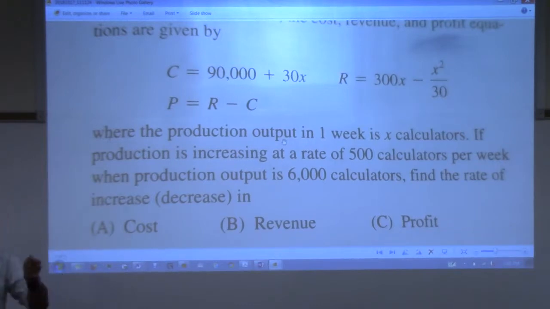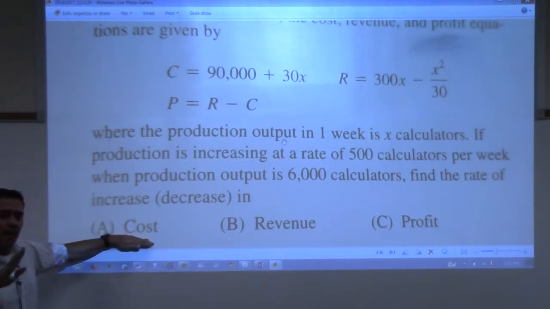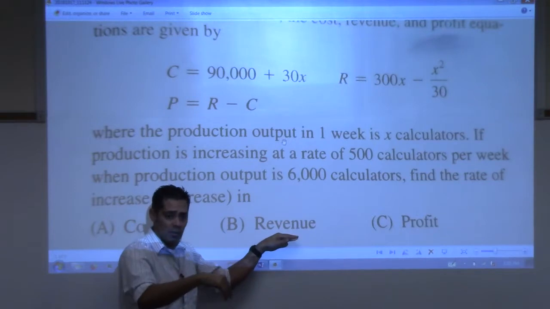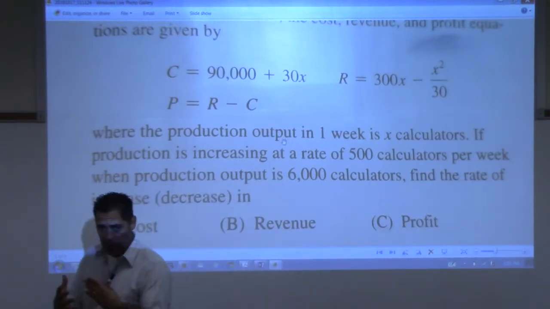If we increase the production level by 500 calculators a week, how is that going to impact my cost? Are we going to have an increase in cost or a decrease in cost? Are we going to have an increase in revenue or a decrease in revenue? Are we going to have an increase in profit or a decrease in profit? Does that make sense?